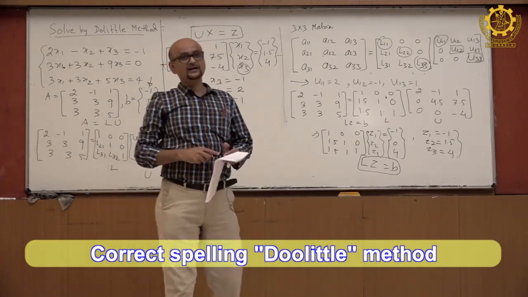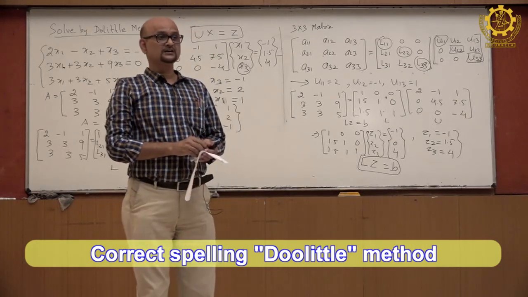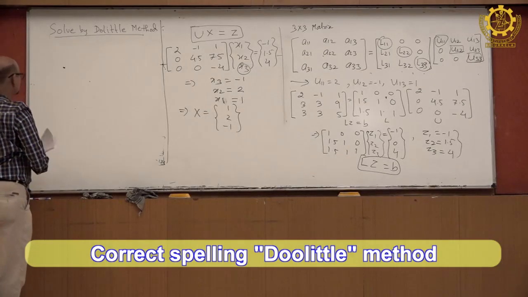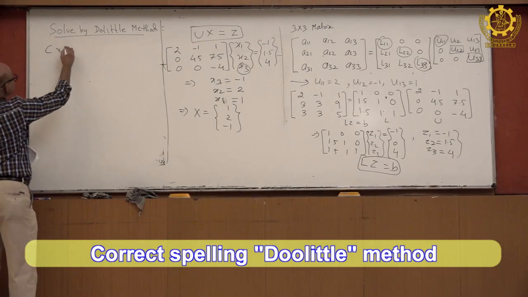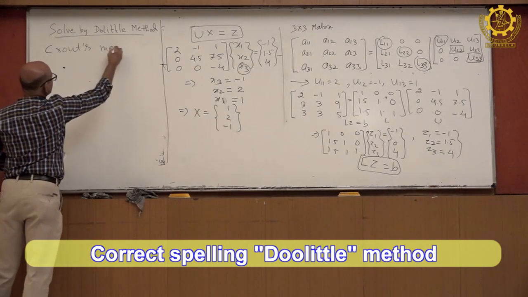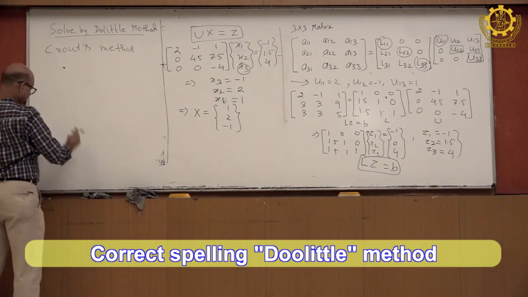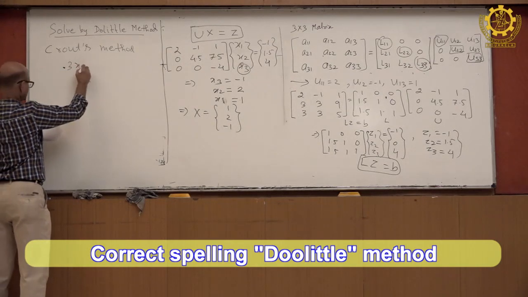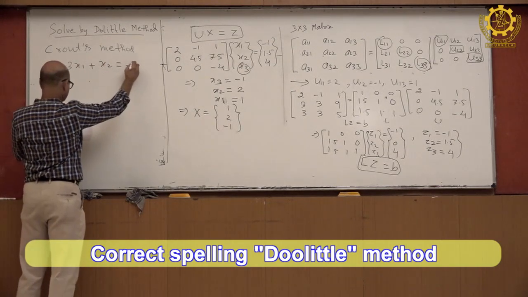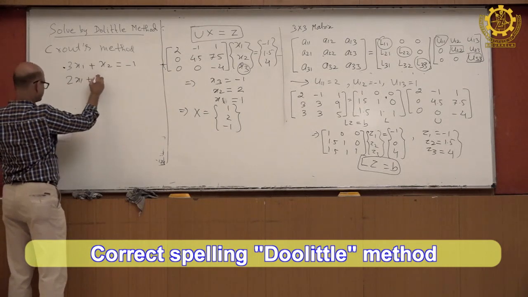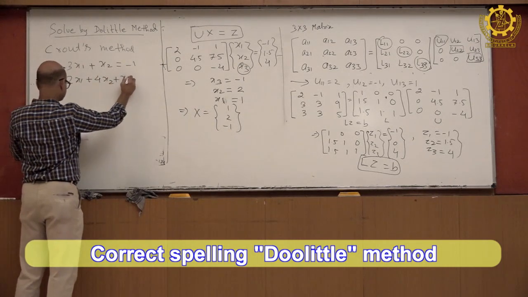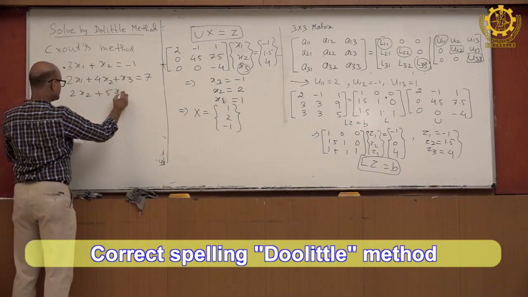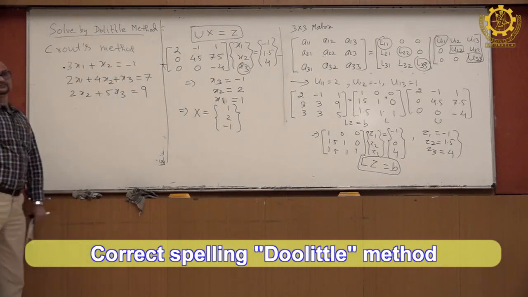Okay, fine. Similarly, I can have the other method, that is Kraut's method. So let us take the example for Kraut's method. I have the example like this: 3x1 plus x2 is equal to minus 1, 2x1 plus 4x2 plus x3 is equal to 7, 2x2 plus 5x3 is equal to 9.